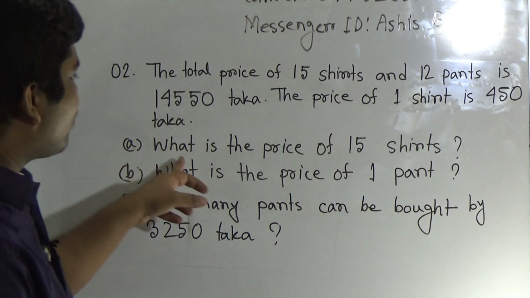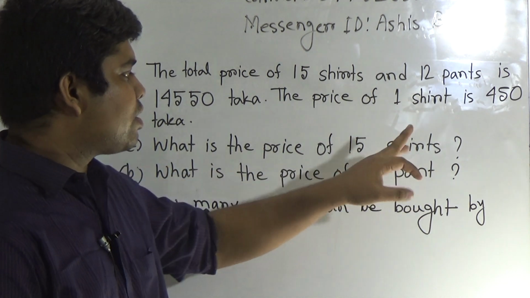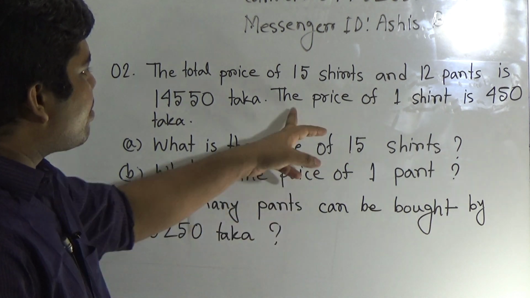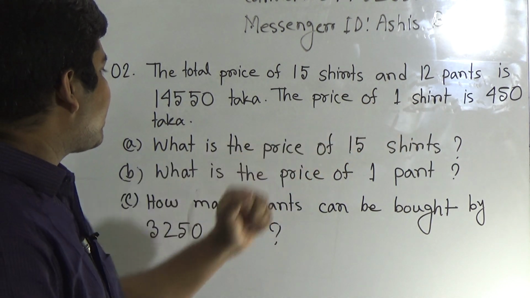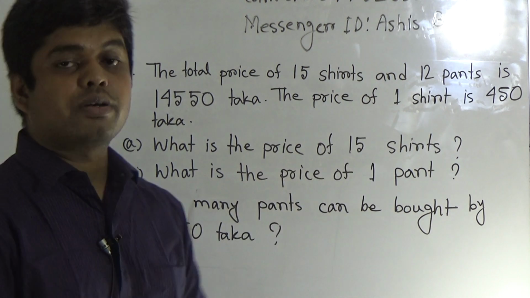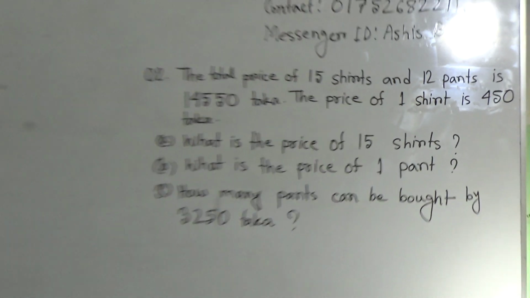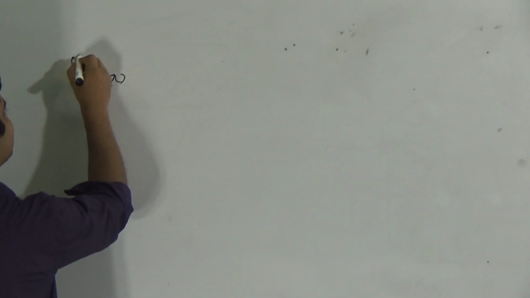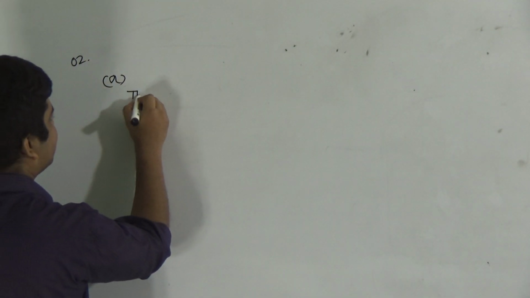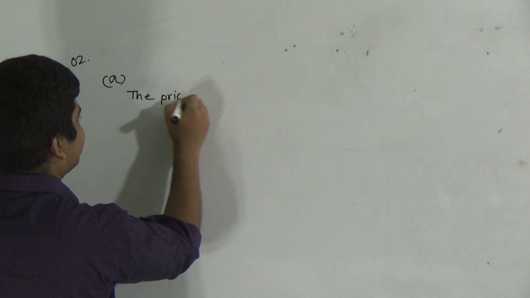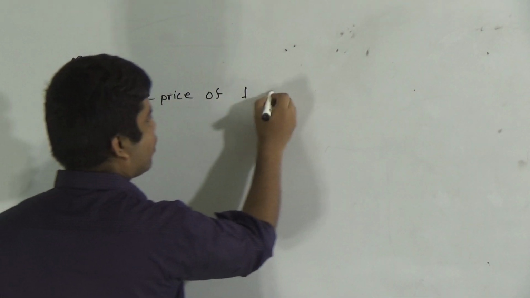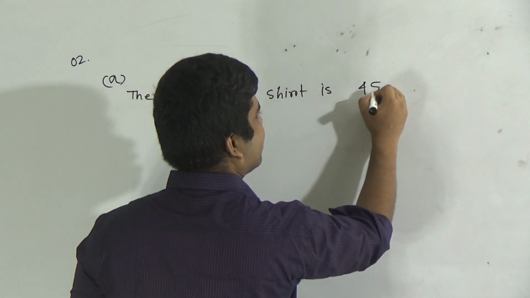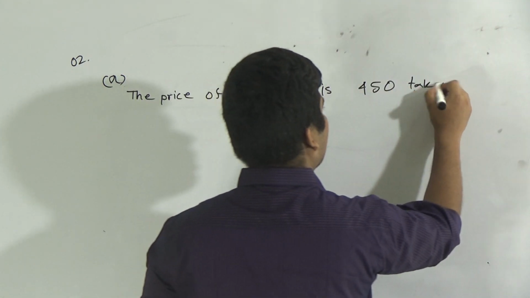So first question, what is the price of 15 shirts? How can we solve? We already said that the price of one shirt is 450 taka. Now please notice the board. The price of one shirt is 450 taka.